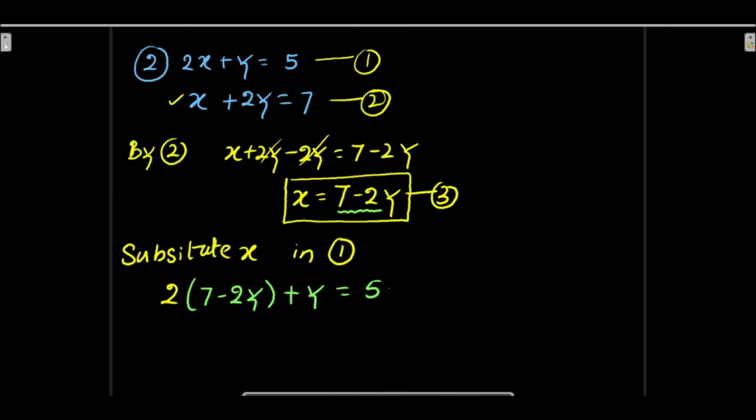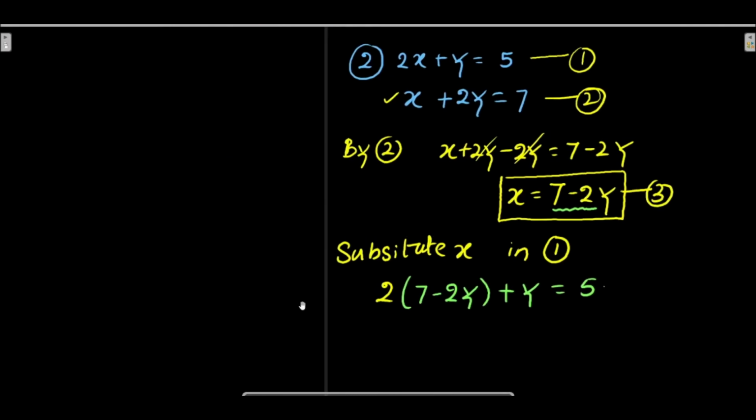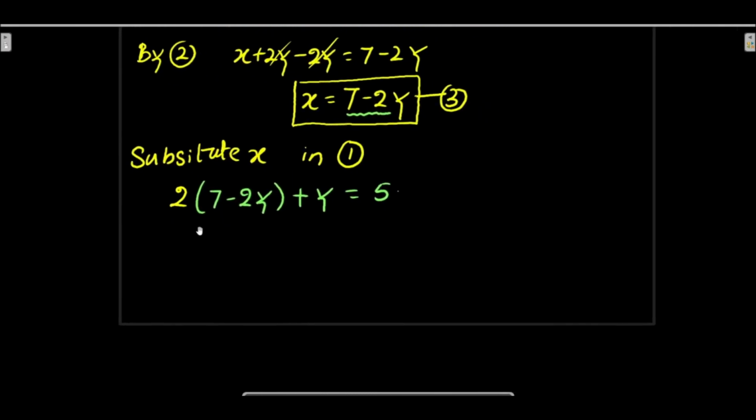Now this equation is a linear equation. So how do you solve that linear equation? 14 minus 4y plus y equal 5. Then you can write 14 minus 3y equal 5. What am I supposed to do in here?